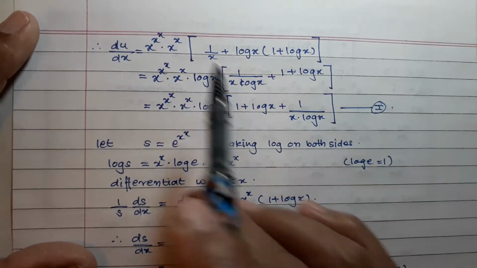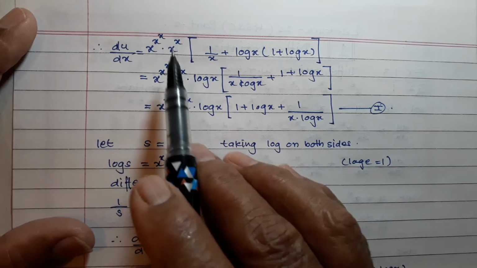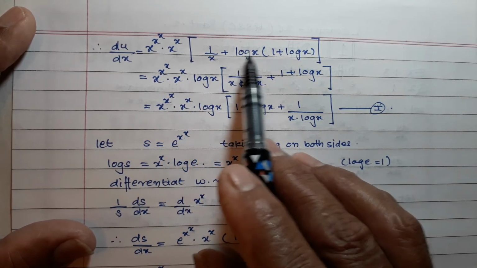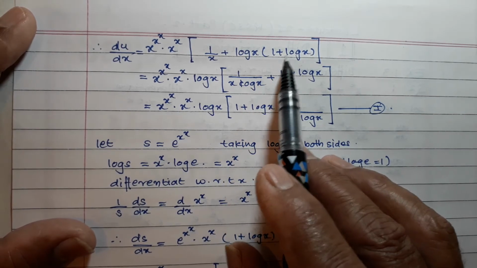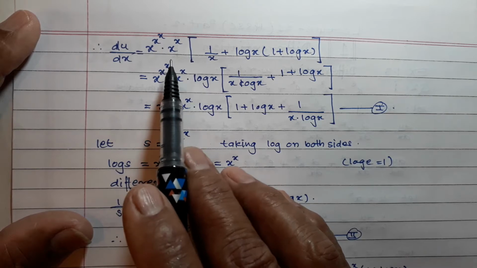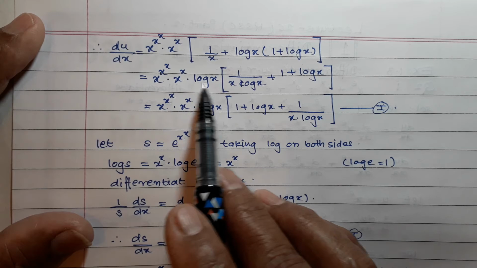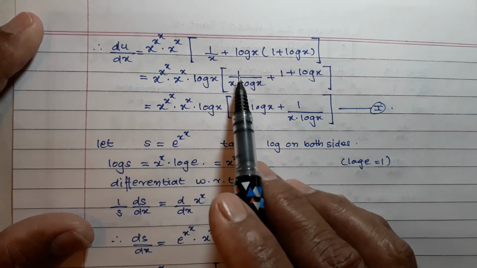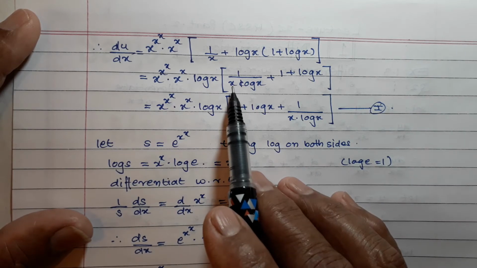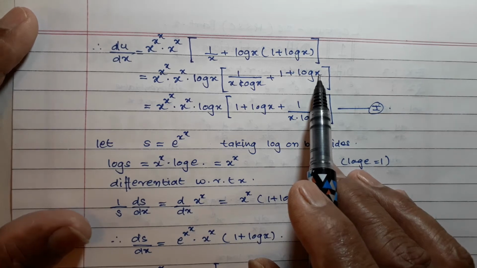Therefore du/dx = x^(x^x) times x^x [1/x + log x (1 + log x)]. Here I take log x common, giving 1/(x log x) + 1 + log x.